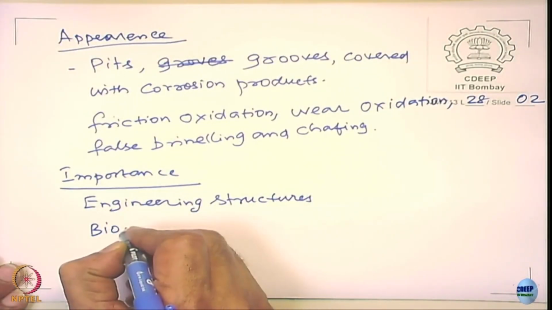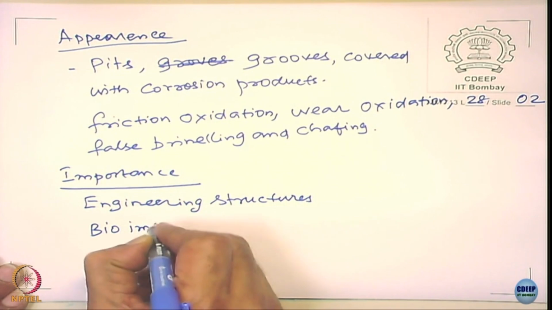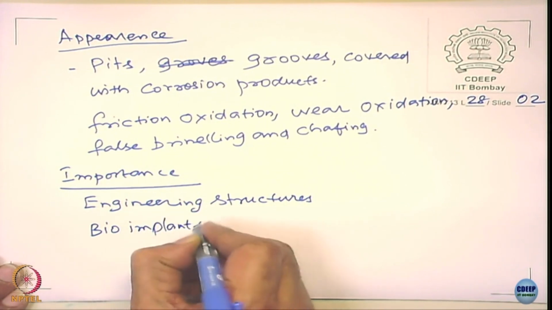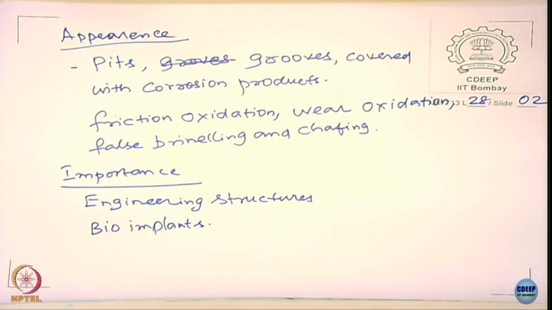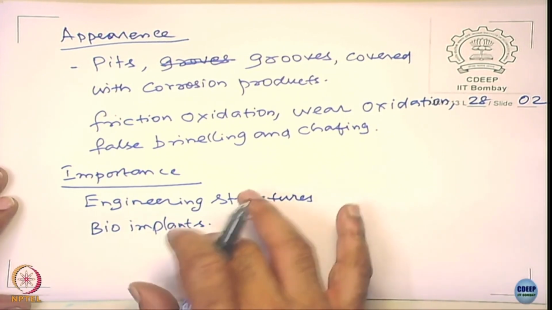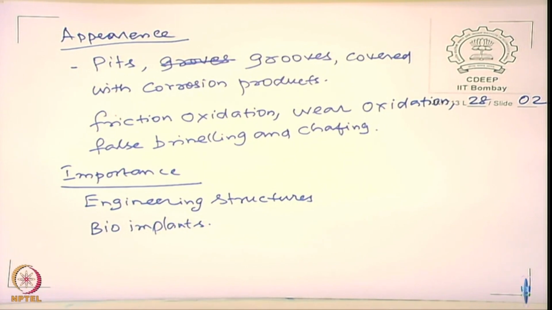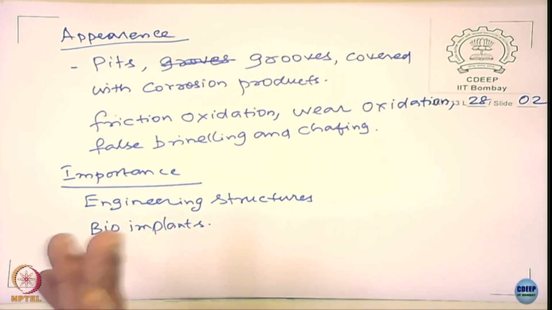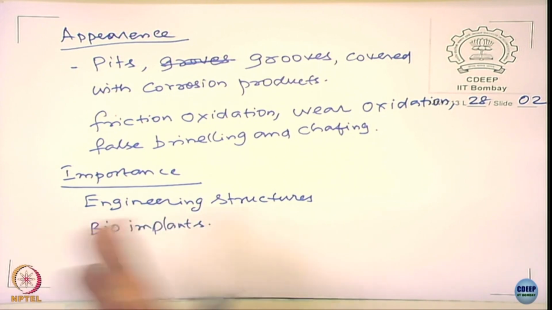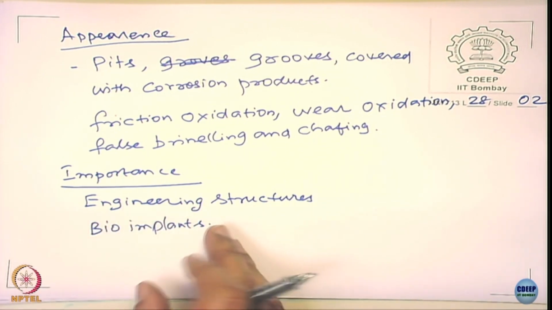So it happens in several engineering structures. It can also happen in bio implants that you do for orthopedic applications, right? I give some examples to get a feel for the fretting damage that can happen in engineering structures as well as in the bio implants.